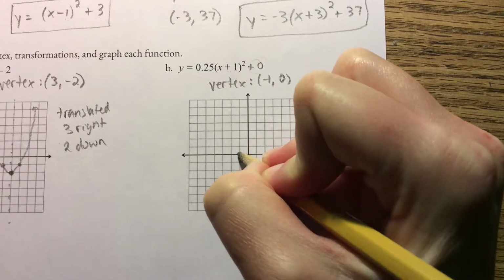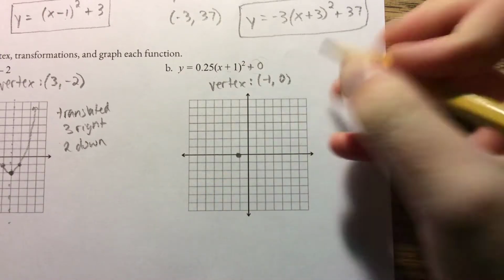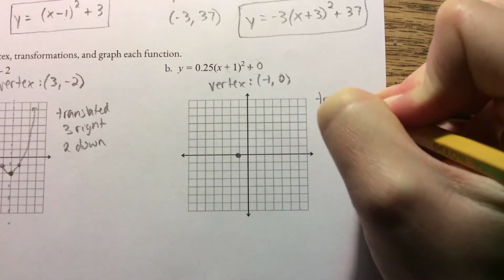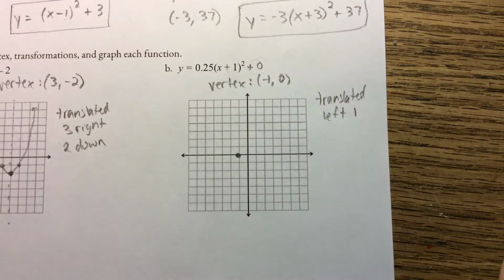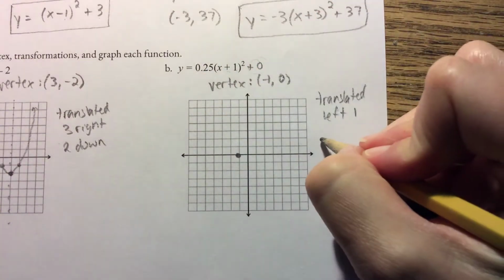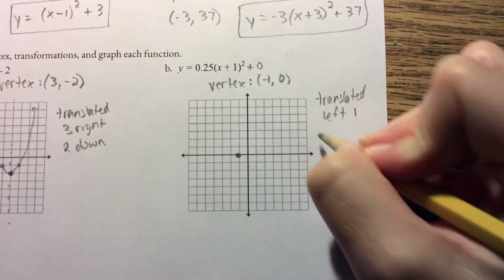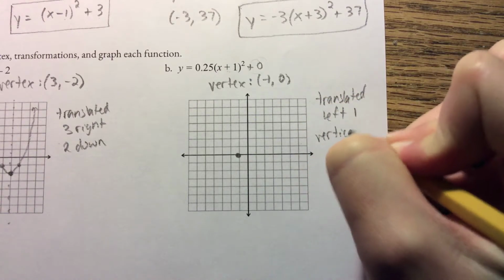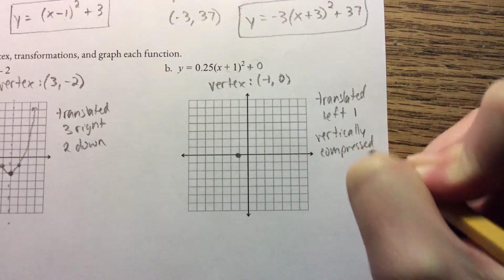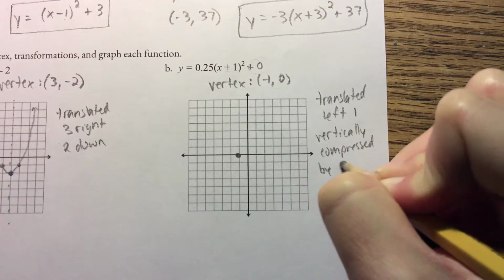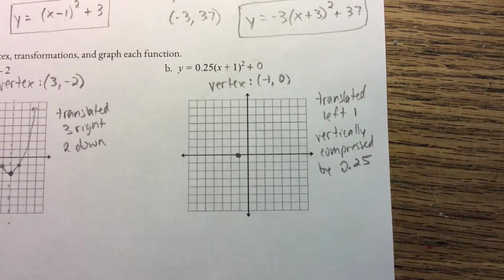So this translated left one. And it also has this 0.25, which means it was vertically compressed by 0.25.